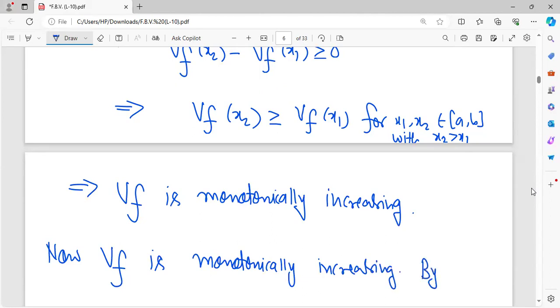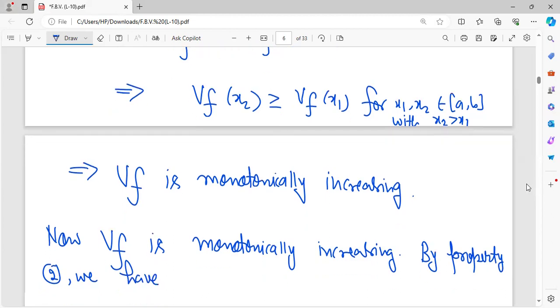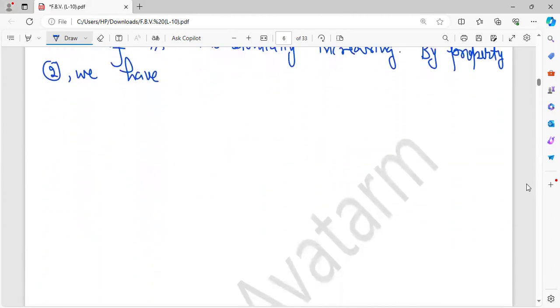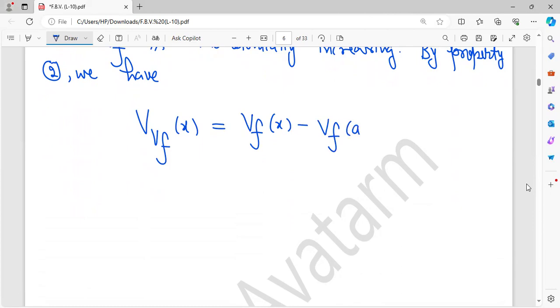By property 2 we have V_f(x) is equal to V_f[a, x] minus V_f(a).